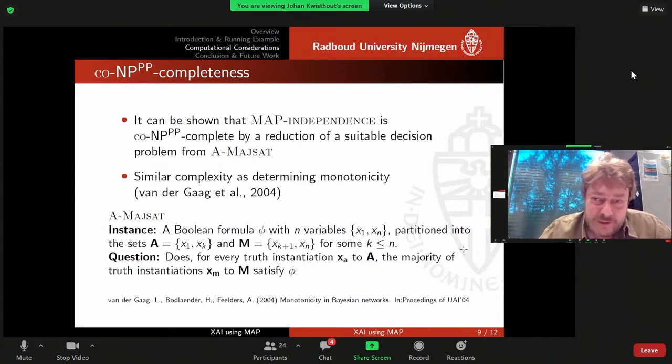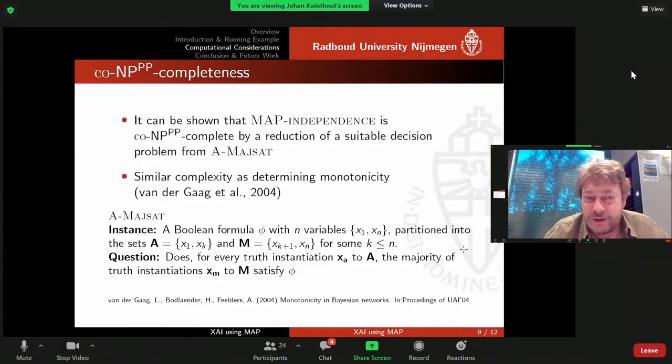But that being granted, it's relatively straightforward to see that this problem is co-NP complete with a PP oracle. It's of a similar complexity class as deciding whether some relationship between evidence and hypotheses is monotone in mode, for example. And the approach is also similar. It's a similar type of problem.